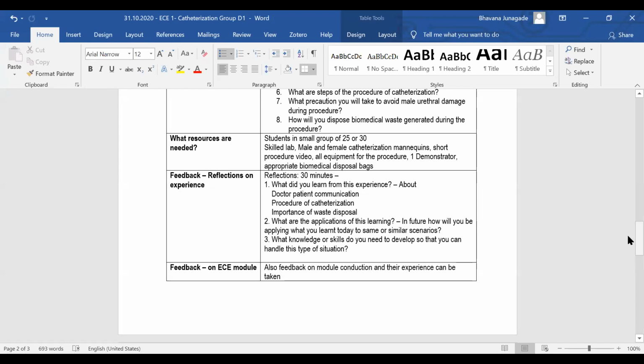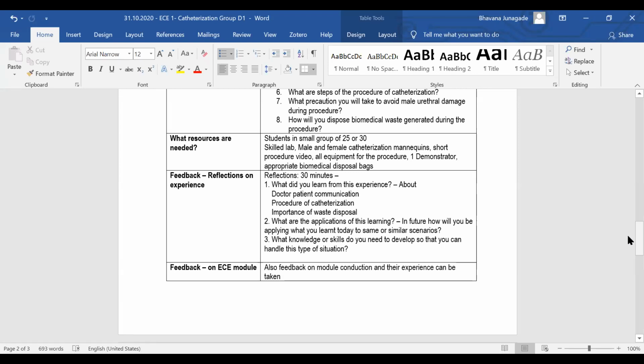Now the feedback will be in 2 forms. One is reflections on the experience. This is from the students, both feedbacks. Reflections, they will write for around 30 minutes. There are 3 questions which we have picked up from the MCI module itself. What did you learn from this experience? Here we can also divide it into doctor-patient communication, procedure of catheterization, and importance of waste disposal.